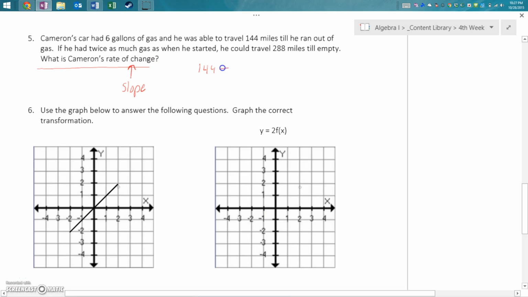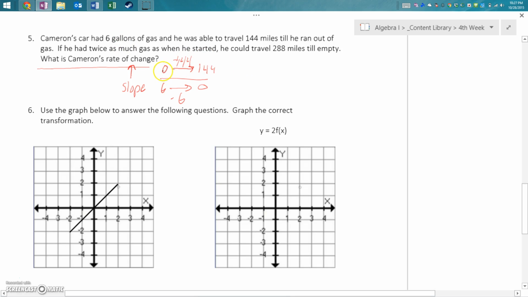Sorry, no, I'm thinking about that backwards. If we start with 0 miles and travel 144 miles, and we start with 6 gallons of gas, and at the end of that we're out, then what we have is minus 6 gallons plus 144.